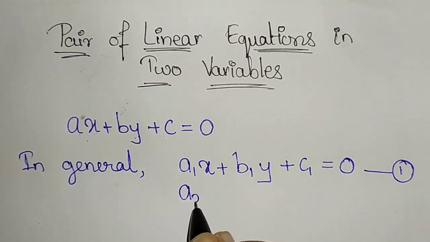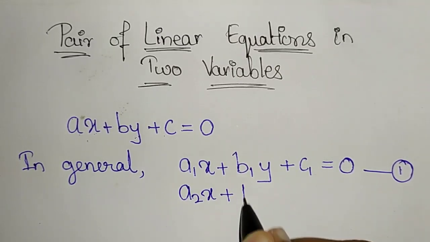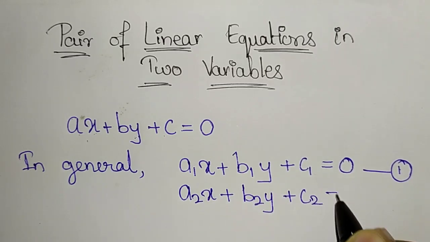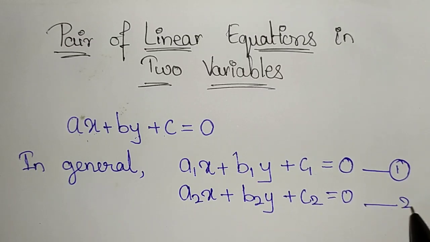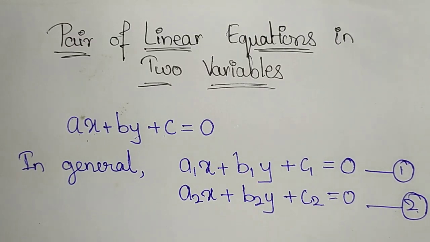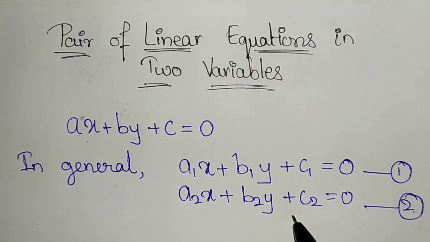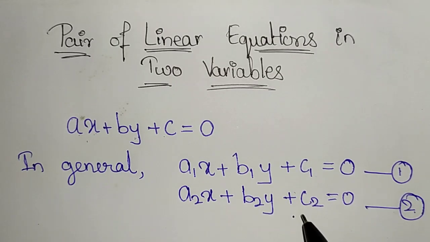And a2x + b2y + c2 = 0 is the second linear equation in two variables. As I said before, these equations have one or more solutions in common with each other. At least one common solution between them.